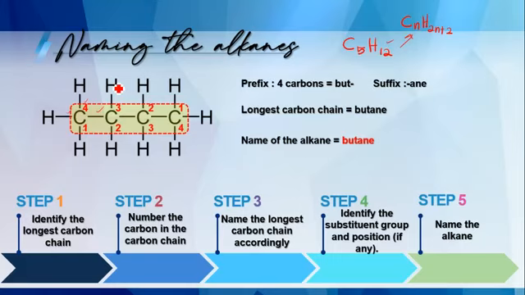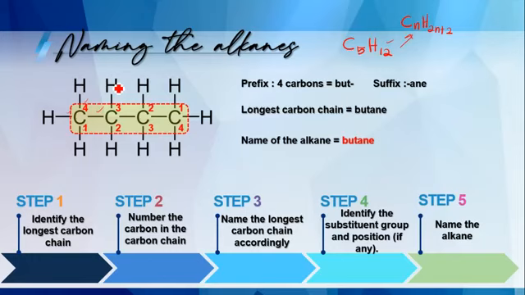Step number 4, identify the substituent group and the position. If you do have a substituent group, you need to know which location this substituent is attached to. In this situation, the numbering is quite important. You want to know where this substituent group is attached to the molecule.